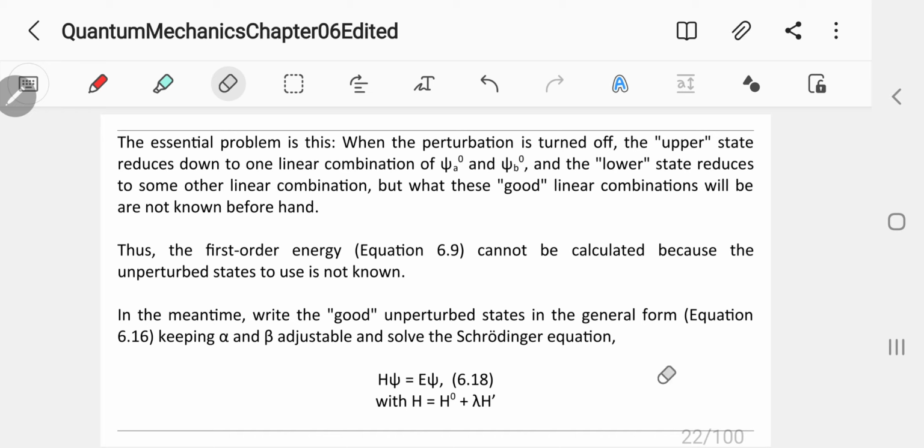So in this case, alpha and beta will have to be adjustable. We have to adjust this because you have a linear combination of these two, where the contribution of phi A0 would be alpha, and the contribution of phi B0 would be beta.